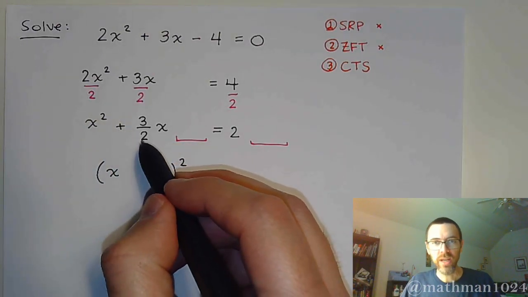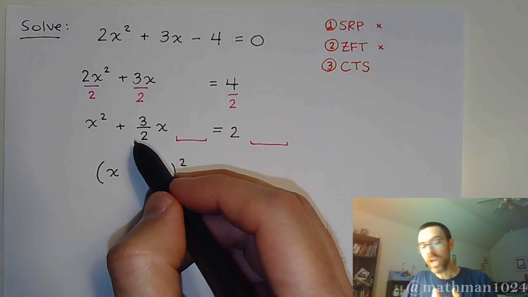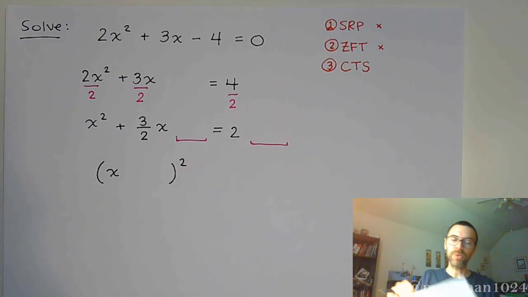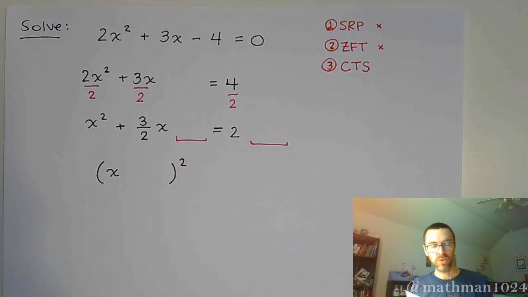We have to do half of this. Now it was fine, let's see, in the last problem we had 12. So half of 12 is 6. Before that we had 14. Half of 14 is 7. Not a problem, as long as that middle coefficient is even. If that middle coefficient is anything but an even number, it gets messy and we have fractions. Well, and we already have fractions.